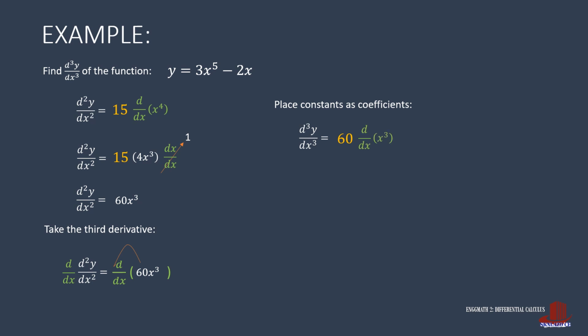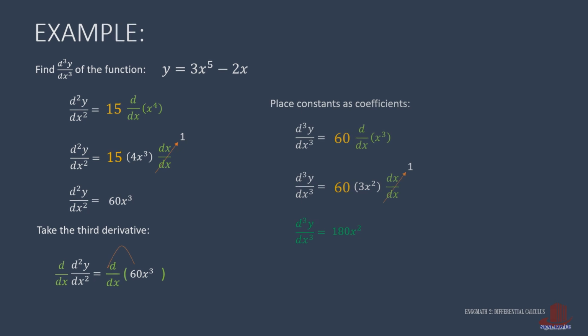We then differentiate. Y prime is then 60 times 3x squared with dx over dx, which is cancelled as 1. So finally, the third derivative of y with respect to x is 180x squared.